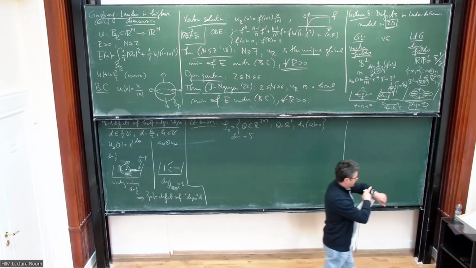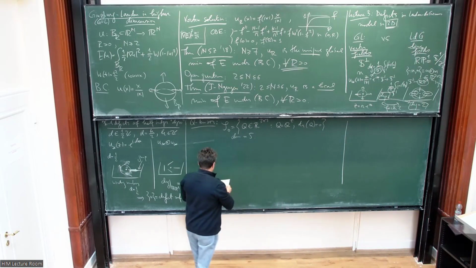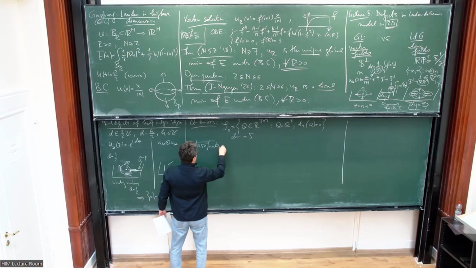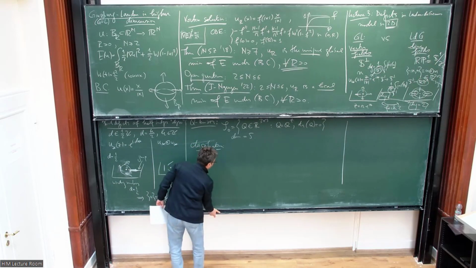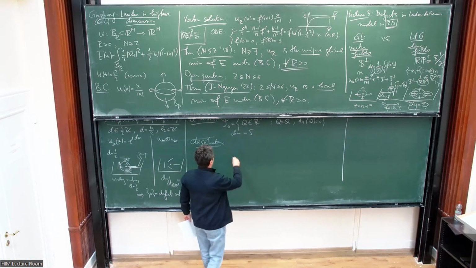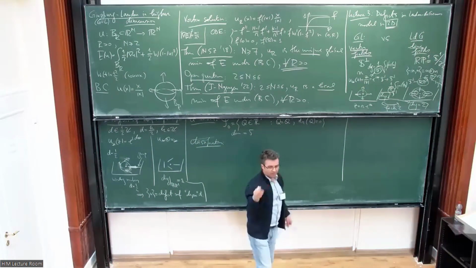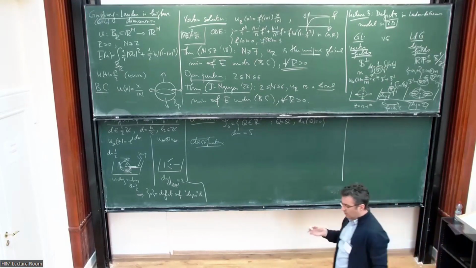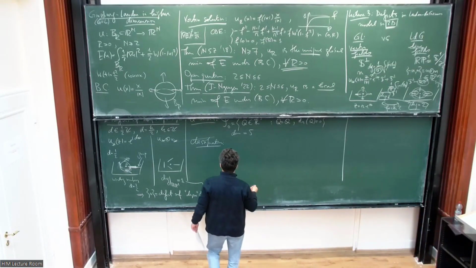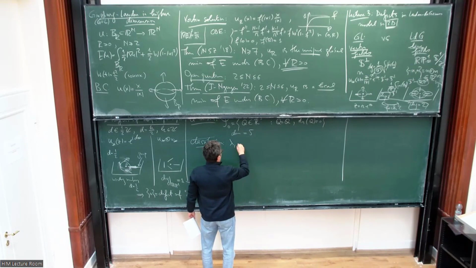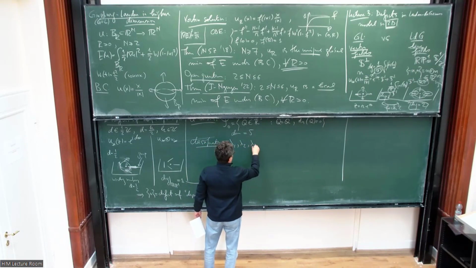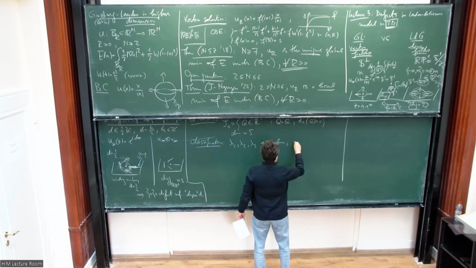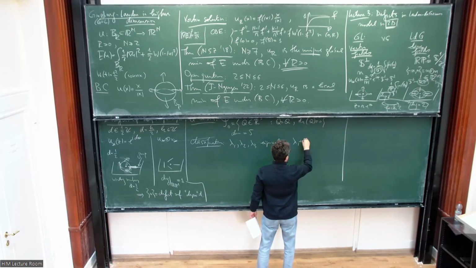So classification. You will always understand these Q tensors by the eigenvalues. Of course you have a symmetric matrix in R3, so all the eigenvalues are real. The fact that the trace is 0 means that the sum is 0.